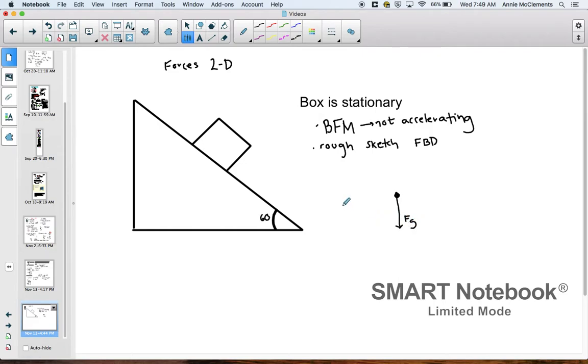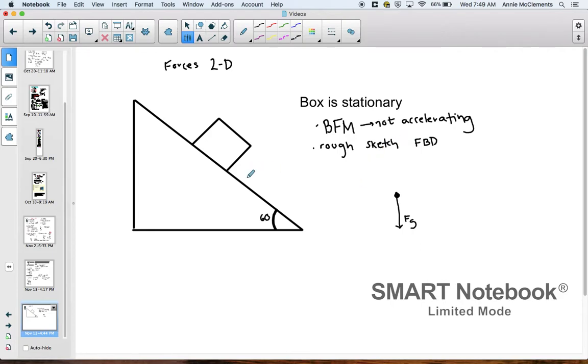And then with this angle, things get a little trickier, right? Normally, we would have the normal force, right? If this box were on a flat surface, right, the normal force would be pointing up, directly canceling the force of gravity. But the normal force, by definition, acts perpendicular to a surface, right?